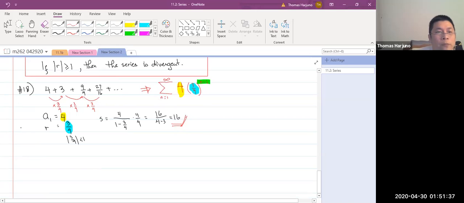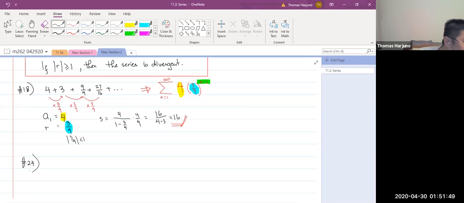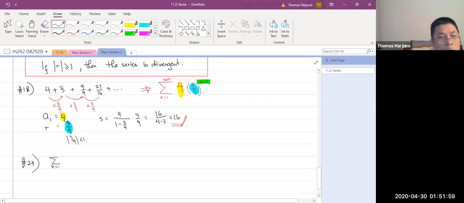Now, how about number 24? We have the sum of n equals 0 to infinity of 1 over square root of 2 to the n. Notice that this is not starting from 1.